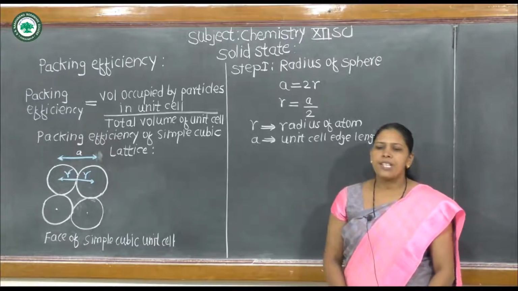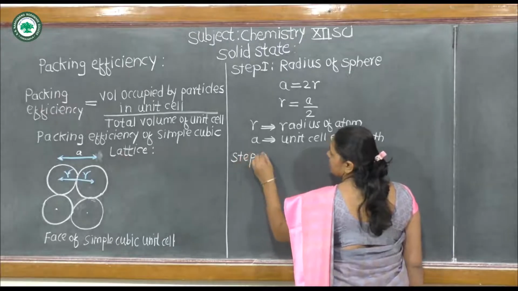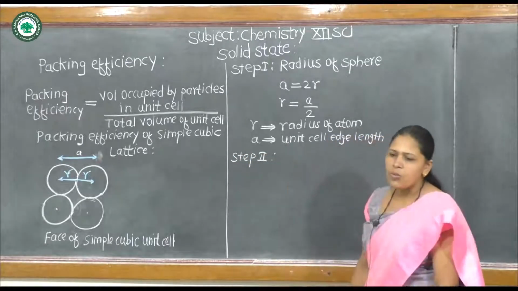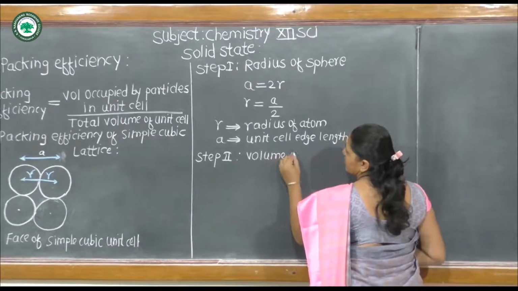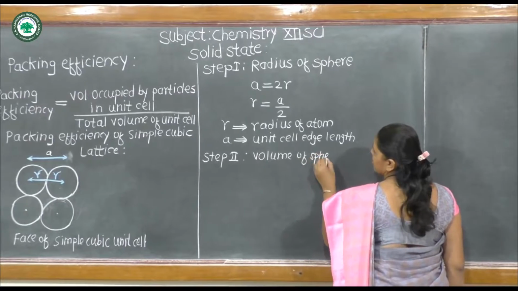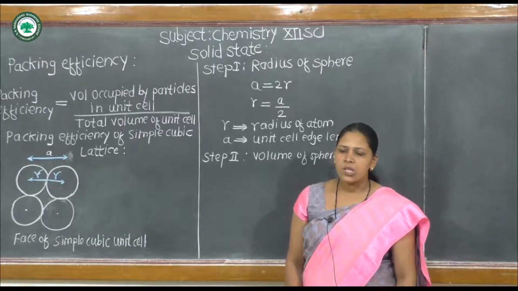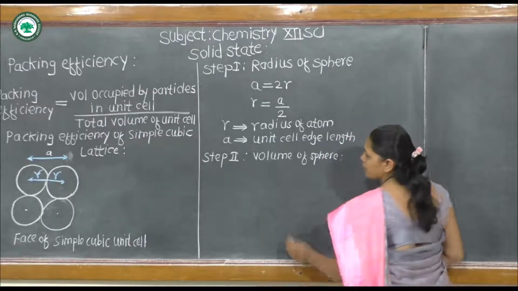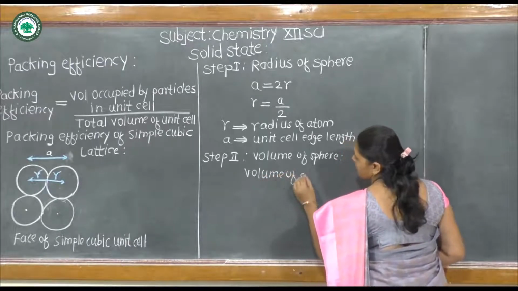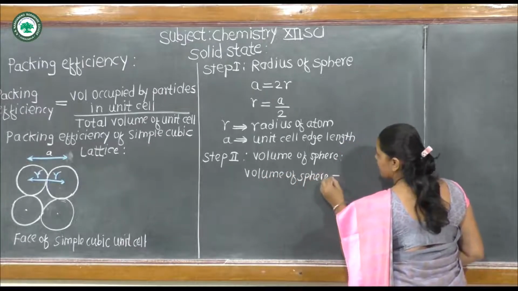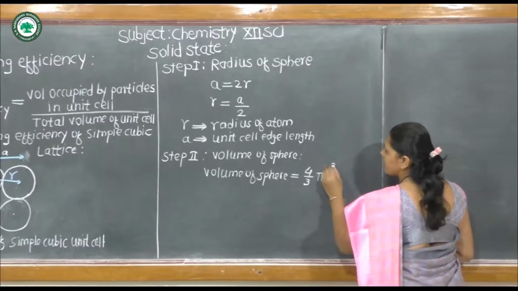Then the second step is the volume of the sphere. We know that the volume of a sphere is equal to 4/3 pi r cube.